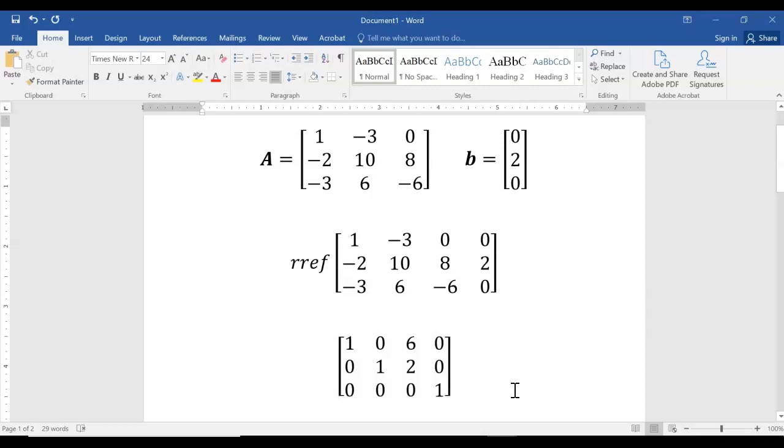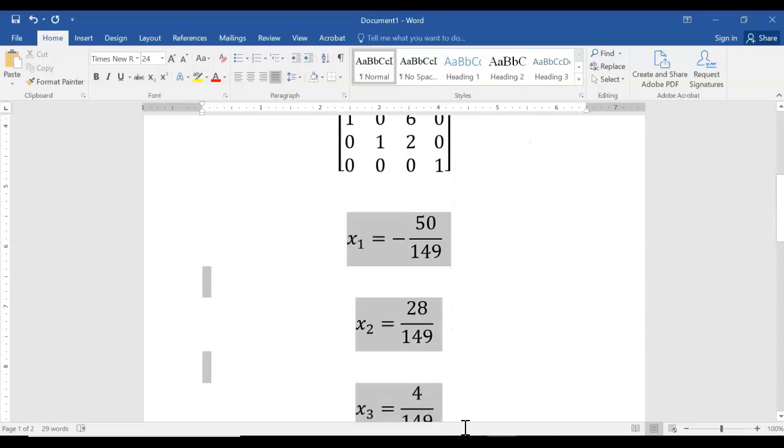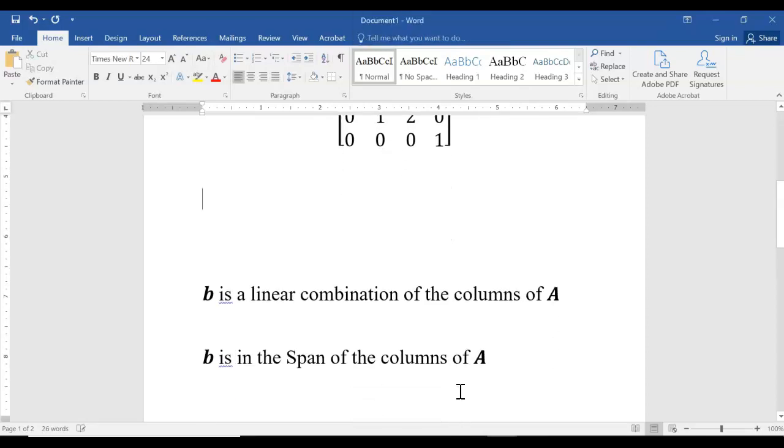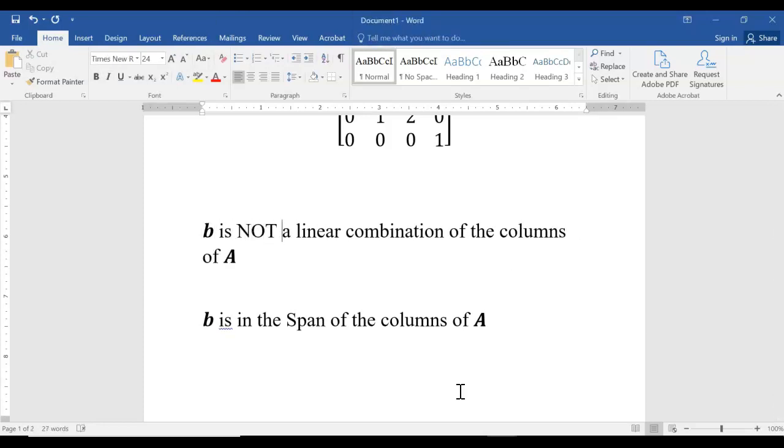So since I don't have any solution, it means I can't find a way to make a linear combination of B out of these 3 vectors. So there's no way that you can get B from a linear combination of those 3 vectors. And therefore B, whoops, I forgot to erase all these lines. B is not a linear combination of the columns of A, and B is not in the span of the columns of A. All right?